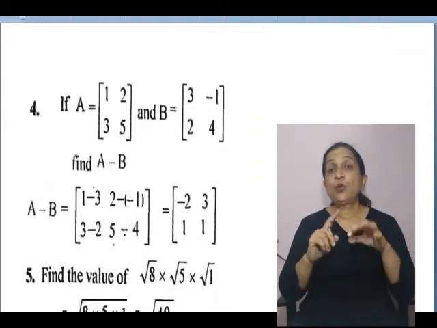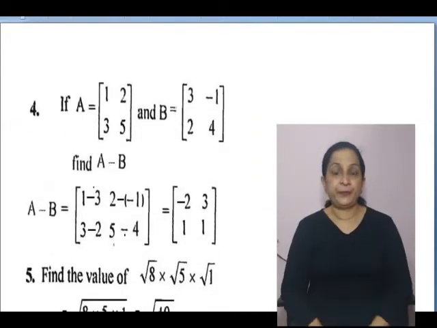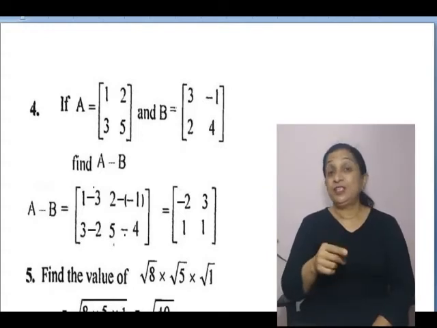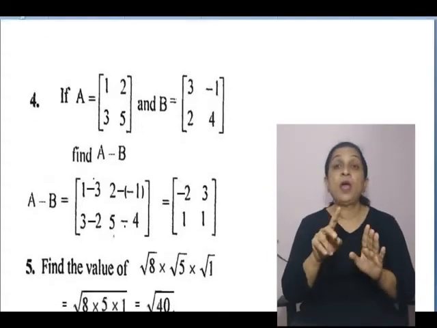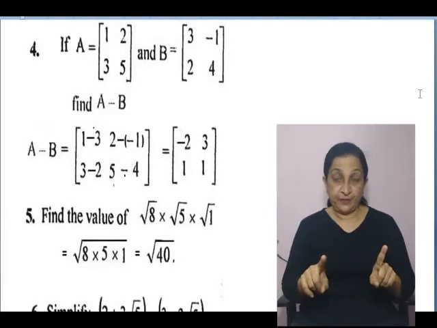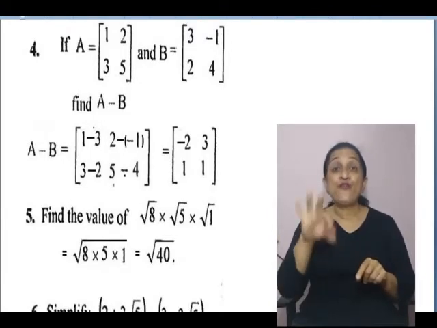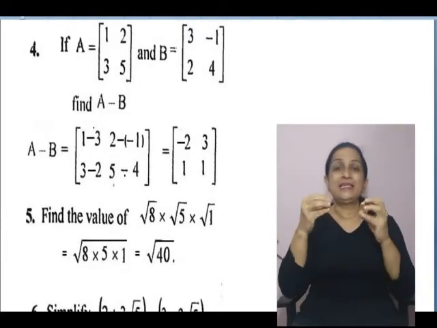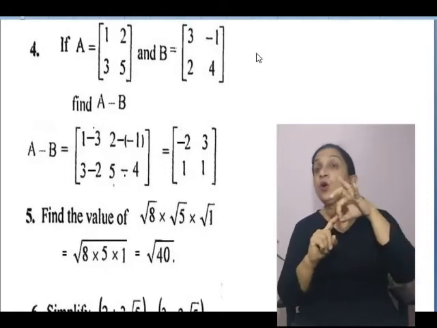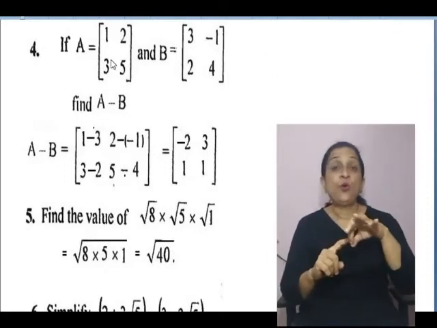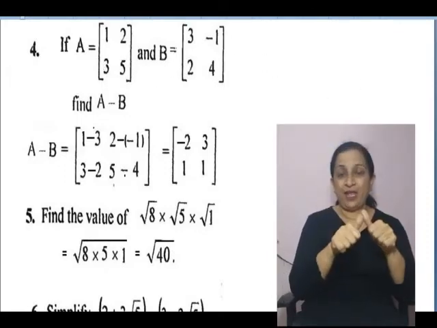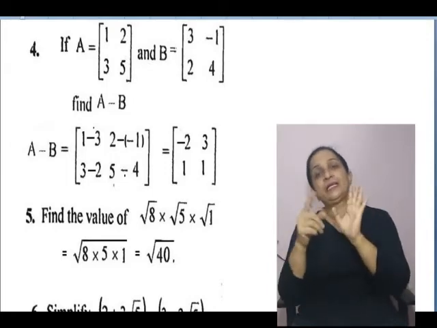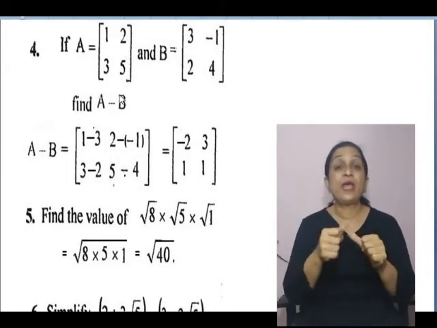Let us next go to 4. Here if A is this and B is this, what is the value of A minus B?